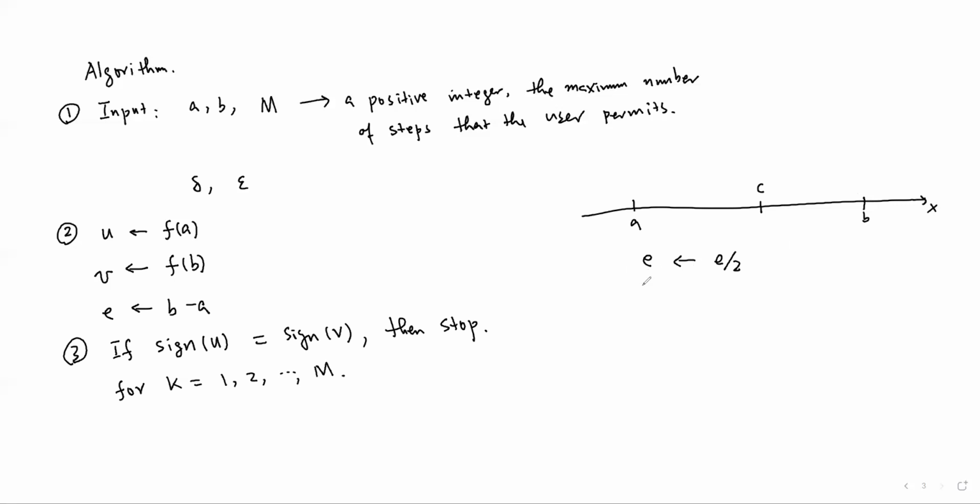Now compute the midpoint. The midpoint is A plus this new E, because the new E is the length of the interval AC. Now A plus E, then the midpoint.